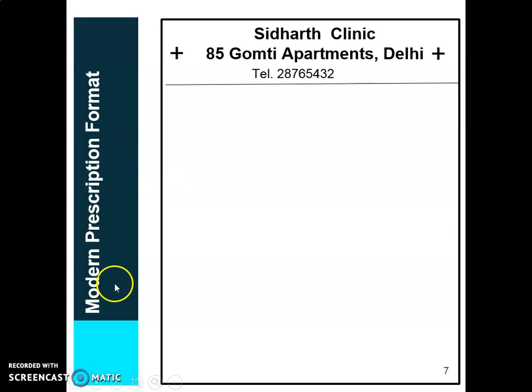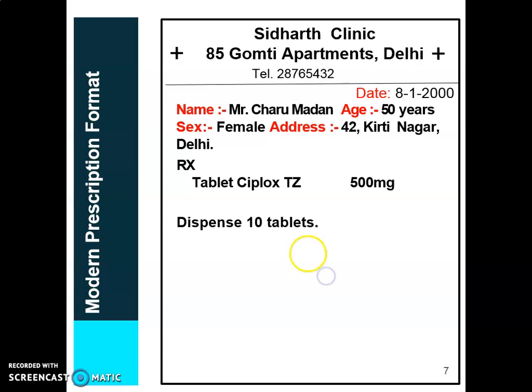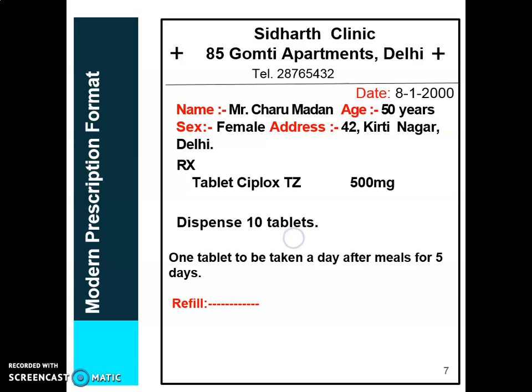This is the typical format of modern prescription, which contains generic name, trade name, dosage form, the use of English language instead of Latin, metric systems of weights and measures instead of grains and minims.